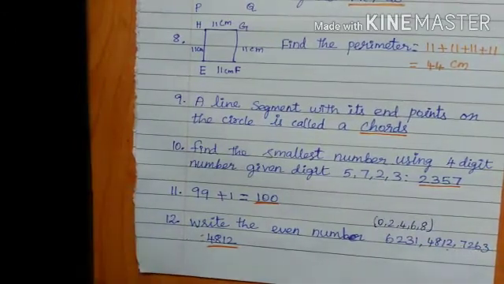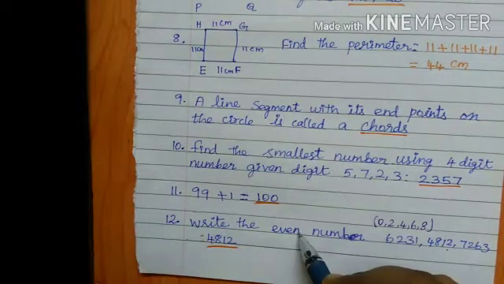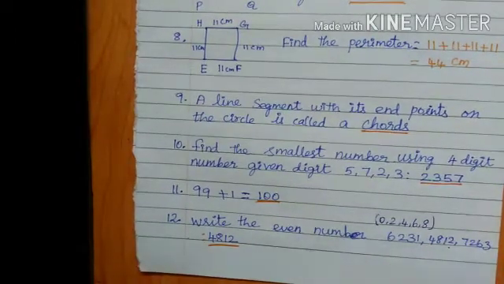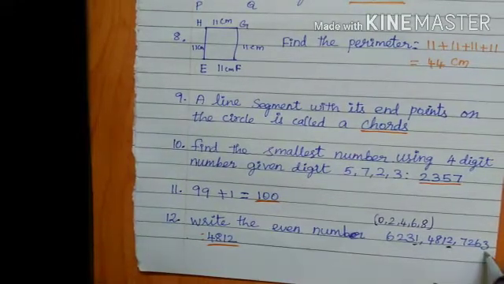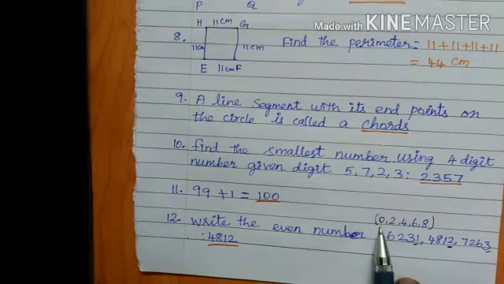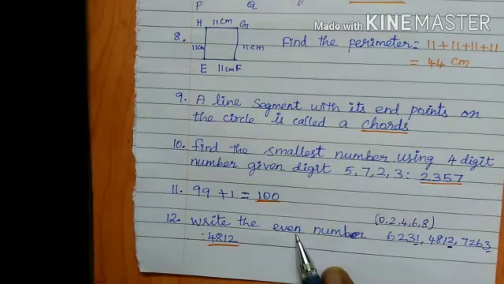If one of these is in the ones place, that is an even number. So you check the ones place, and if 0, 2, 4, 6, 8 comes, that is called an even number.